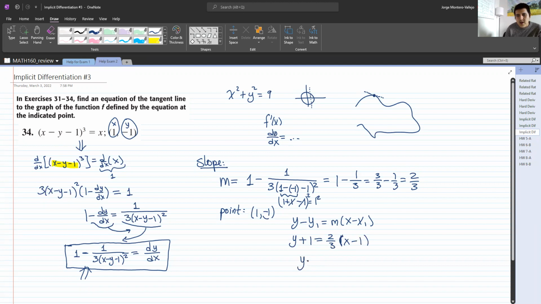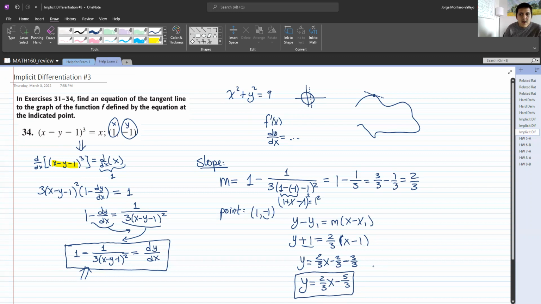I get y equals 2/3 x, and then 2/3 minus 1, that's minus 2/3. And then this plus 1 is now here with a negative sign, right? Minus 1, but I want to write my 1 as 3/3. Okay, and so I end up with y equals 2/3 x minus 2/3 minus 3/3, which is minus 5/3. And that is my answer. That is the equation of the tangent line.